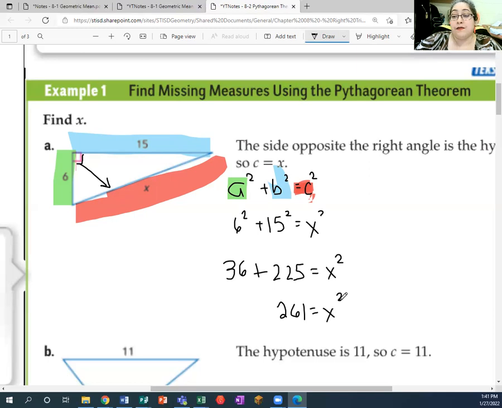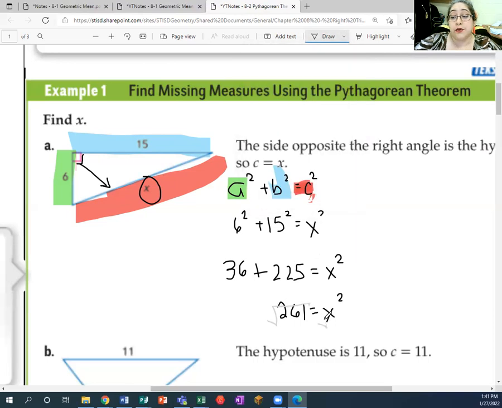Now it feels like I'm done, except that the hypotenuse measure is not x squared, it's just x. So I have to get rid of this power of 2 that's sitting there on the x. To undo a square power, you're going to use a square root.